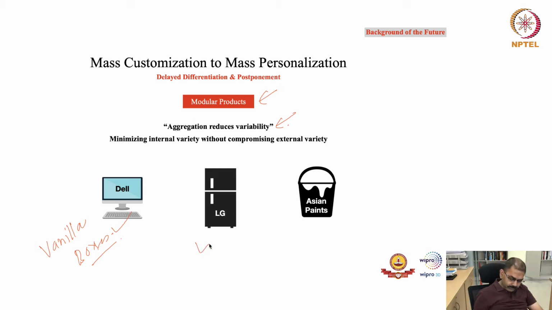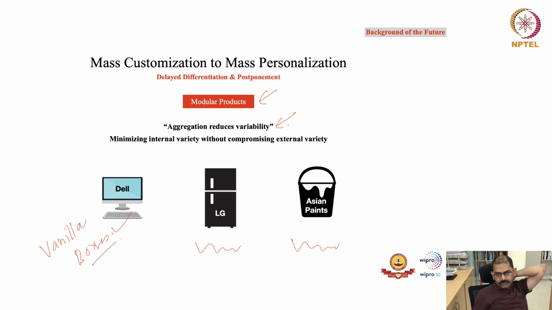LG is doing something similar. The refrigerator would be in a modular form, so based on your space requirement, they will customize it, right? So very interesting. The customer can get a very highly personalized product, right? A very similar example comes from the paint industry.